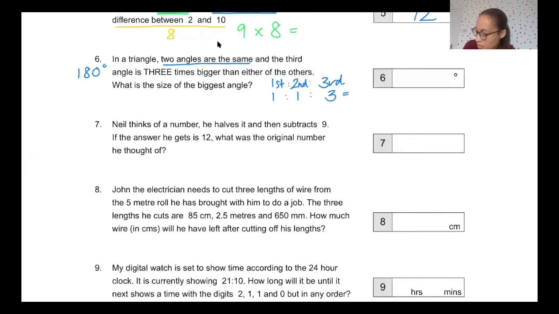So that adds up to 5, but it should add up to 180. Okay, can you just work out 180 divided by 5 quickly for me? Just whoever says the answer, and then we'll assume that. Okay, so 180 by 5. 34? Yeah. 30.